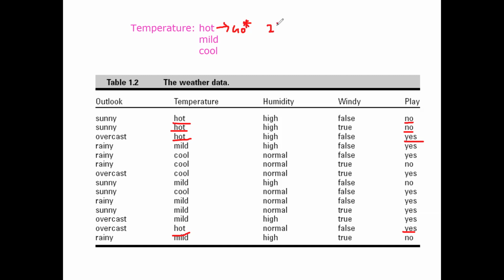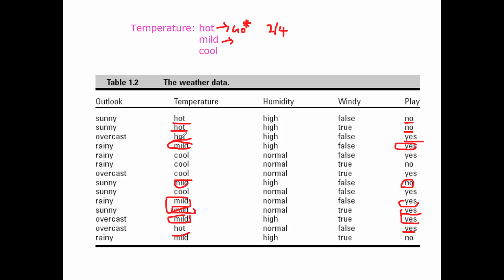So the error is 2 out of 4. Temperature is mild. So what happens when you say mild? Just map. Here we have one mild. We have yes. Another mild. We have no. We have mild, mild, mild. We have 3 milds. We have 3 yeses.